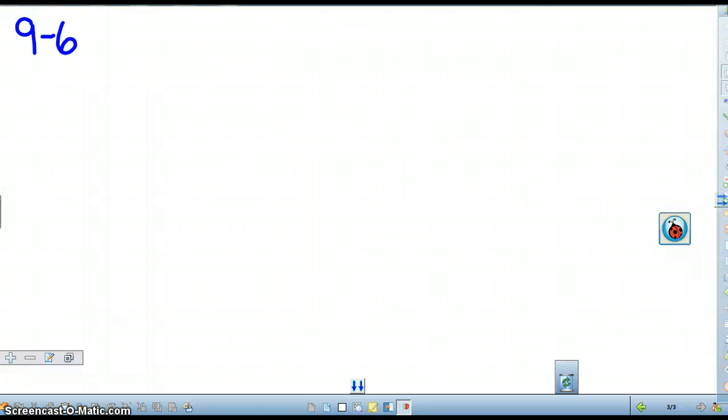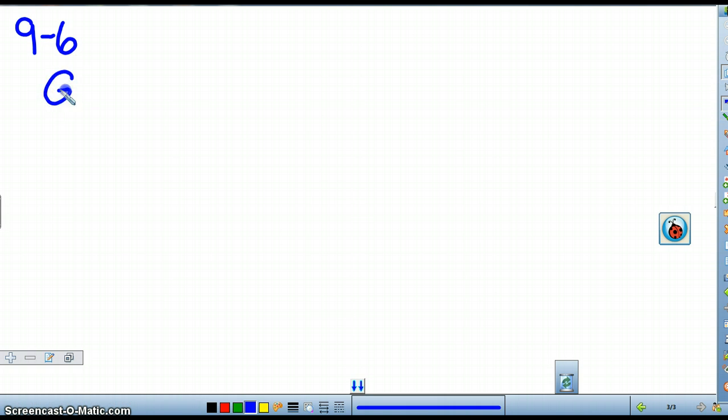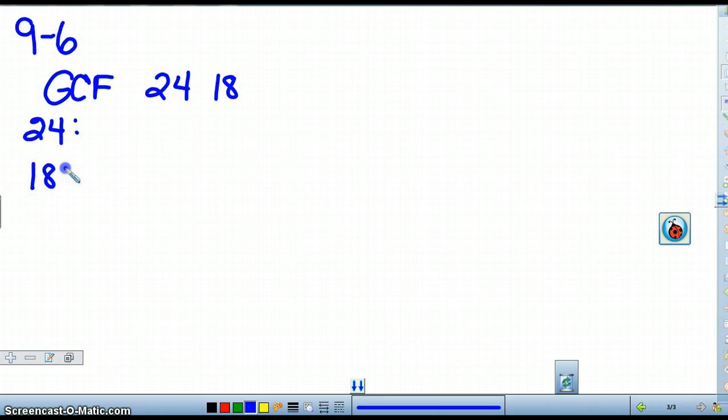So if we need to find the GCF of 24 and 18, one way to do that is to write the factors of 24, make a list, and make a list of the factors of 18. So let's do that.